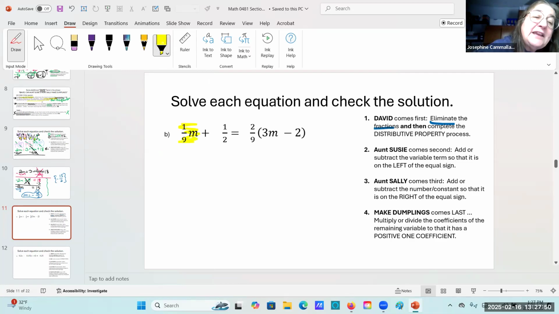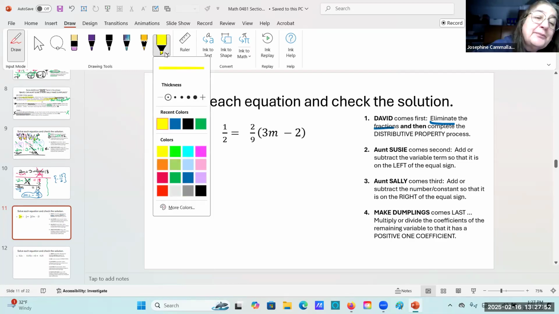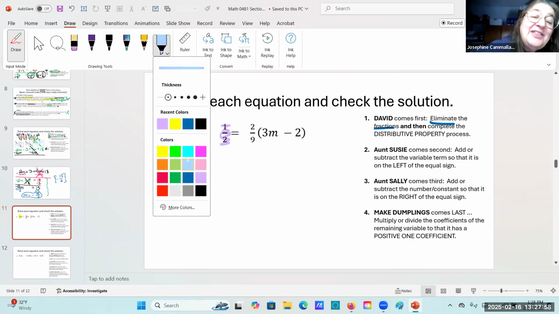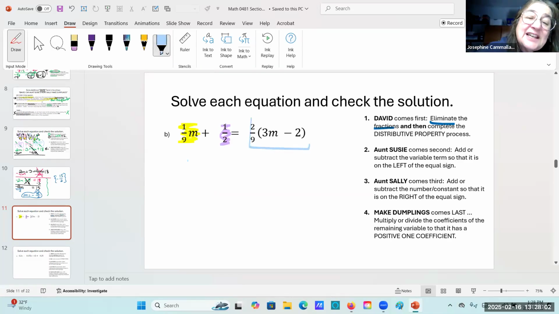This 1/9 m is a term. This 1/2 is a term. And this is what you have to understand. This is a term. The 2/9 is next to a parentheses. I'm not distributing yet. I have to eliminate the fractions.